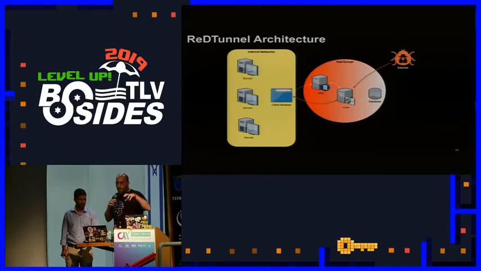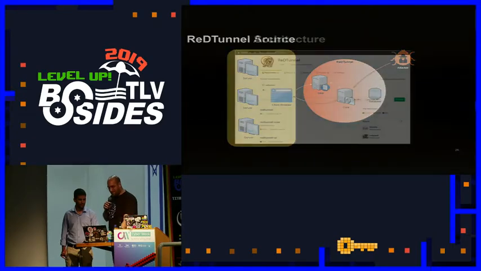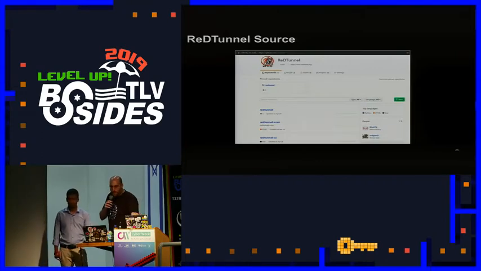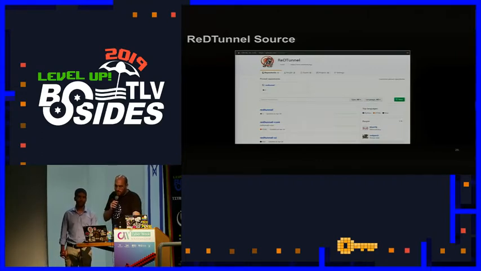It's like you had an internal network, but you just put it in the DMZ without asking anybody. As you'll see, it's nice. Of course, it's open source software because we are open source developers, so you can download the source.